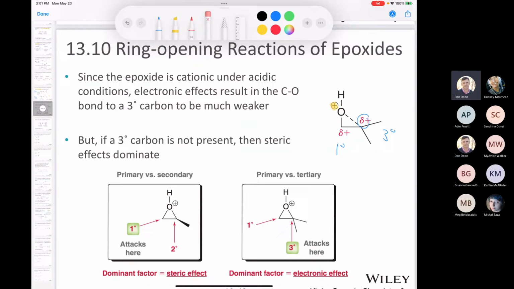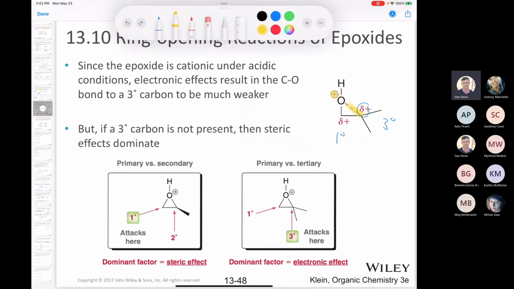And therefore, what that does is it weakens this bond greatly, weakens that bond a lot, so that the nucleophile is going to attack at the most hindered carbon because it's easier for the positive charge to pass through the more substituted carbon when it's tertiary. So the conclusion is this.